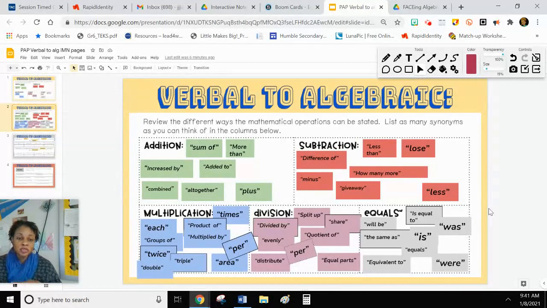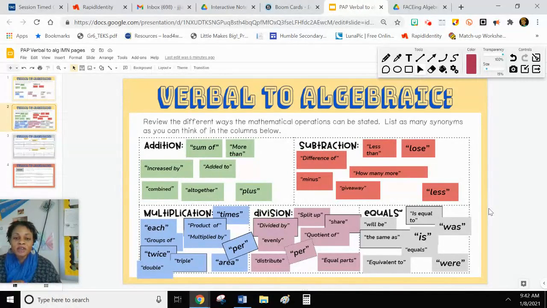Multiplication: each, groups of, twice, double, triple, product of, multiplied by, area. Remember, area is length times width or base times height. That's always multiplication. Times. We have per. So per goes in each category. It's a little bit tricky with per, so you have to make sure you know and understand the situation. If I'm buying bananas and it's 39 cents per pound, that means for each pound I buy, I'm paying 39 cents. So that's multiplication. Okay.